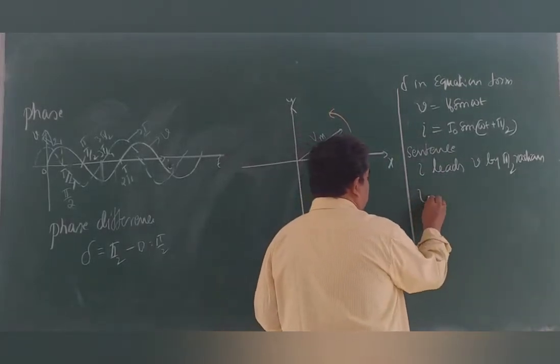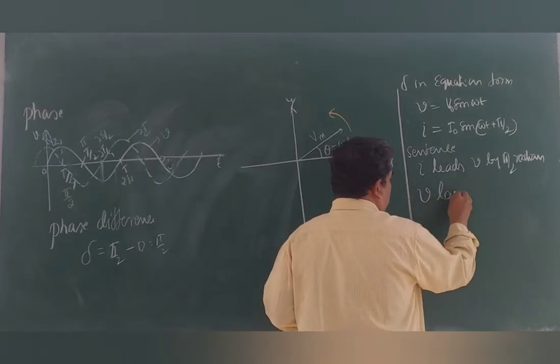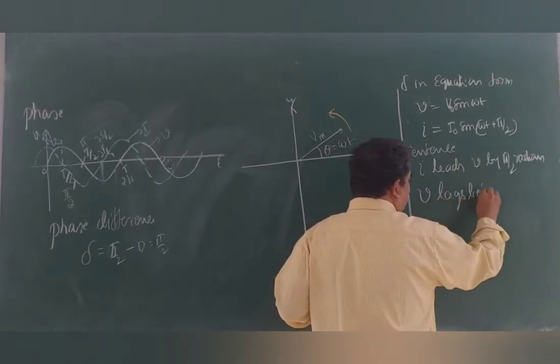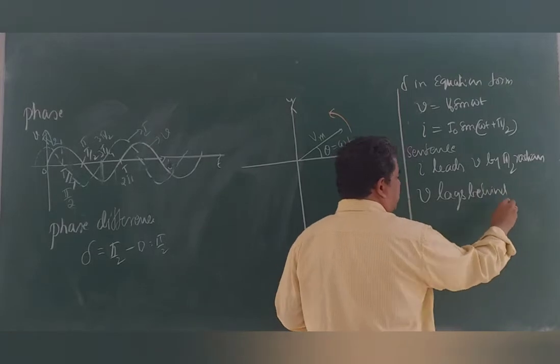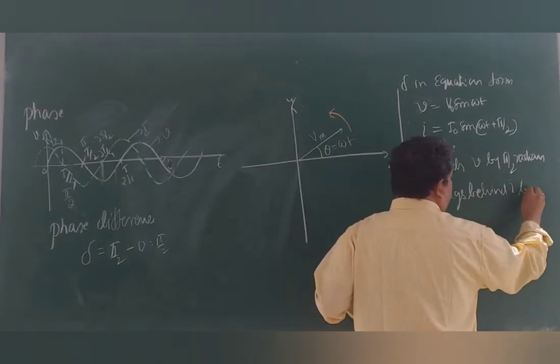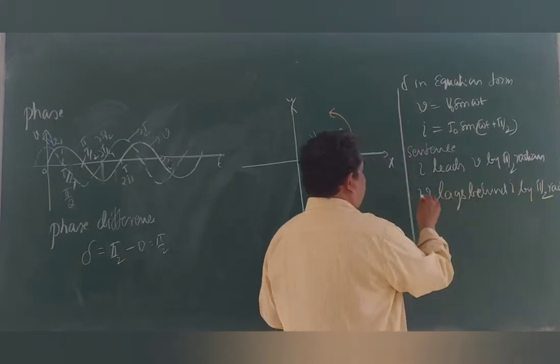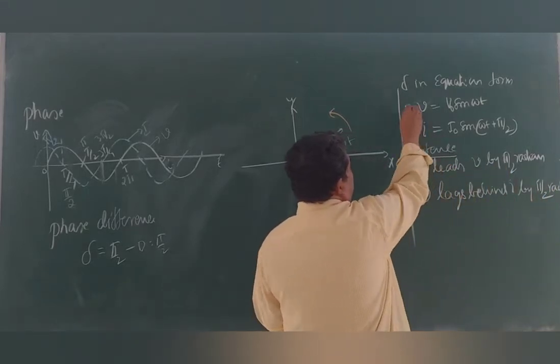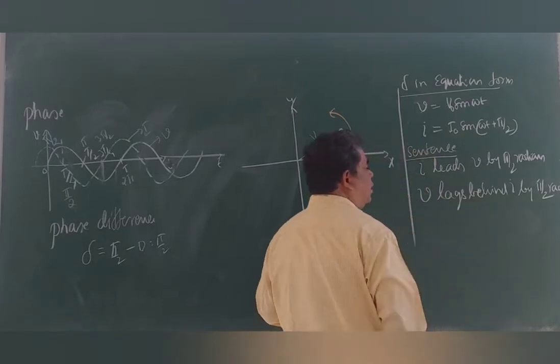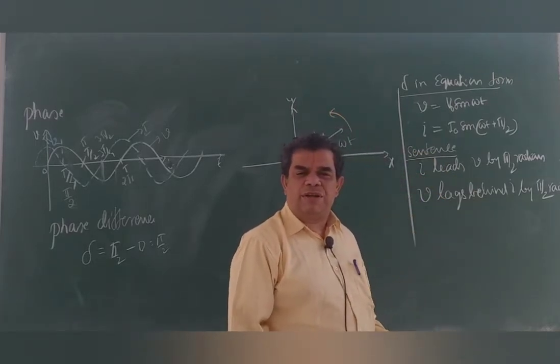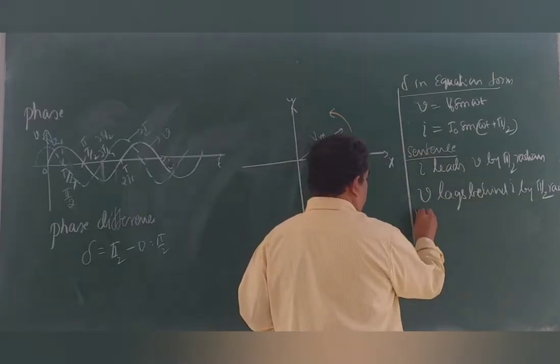Or the other way around: V lags behind I by pi by 2 radians. Observe, it is trailing behind. This is the sentence manner, alongside the equation form. And also, in vector form, we can represent it.